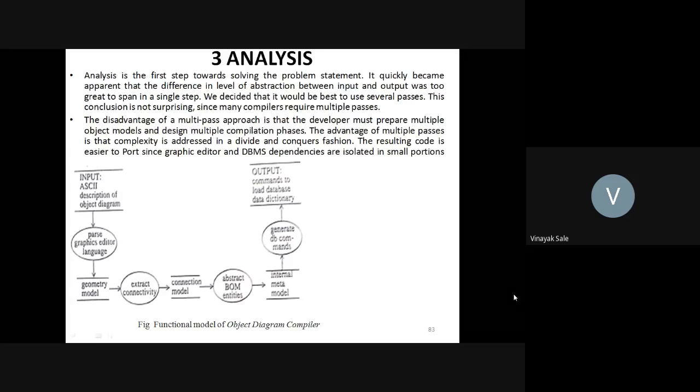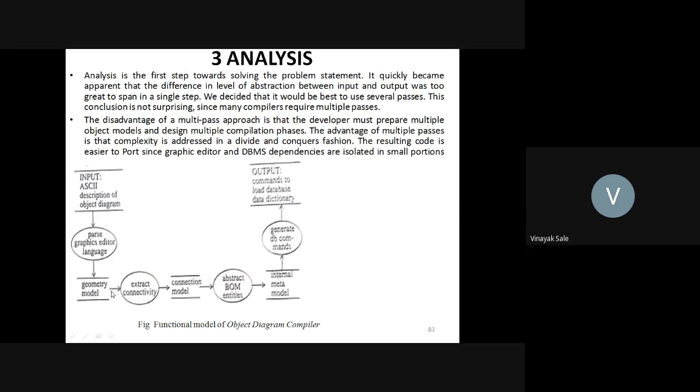So in this figure, this is the functional model of the object diagram compiler. Whenever you have given input, there must be required or expected or unexpected output. So the input is an ASCII description of the object diagram. Whenever input is given, it passes towards parse graphics editor language, then is forwarded towards the geometry model.